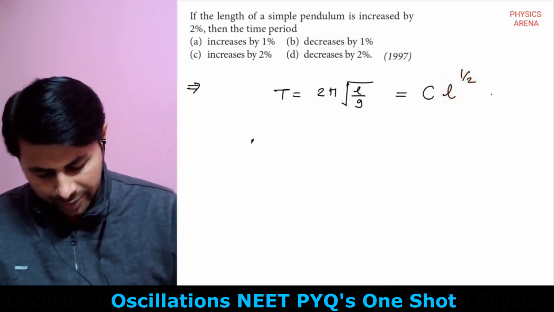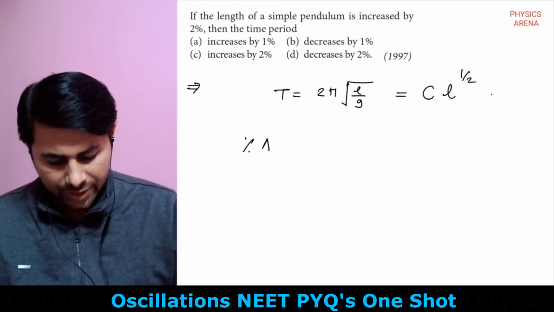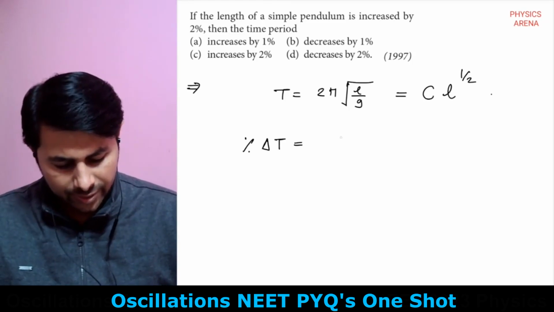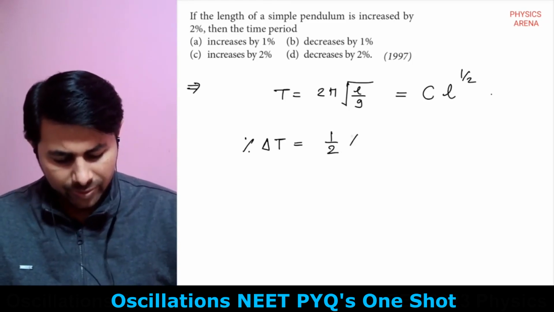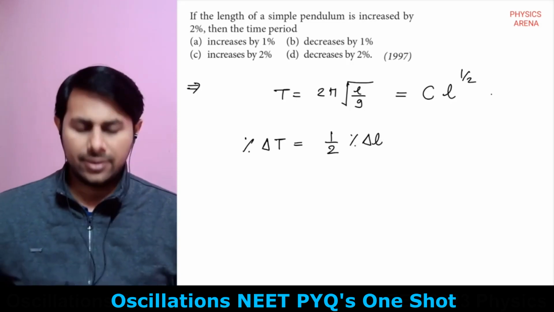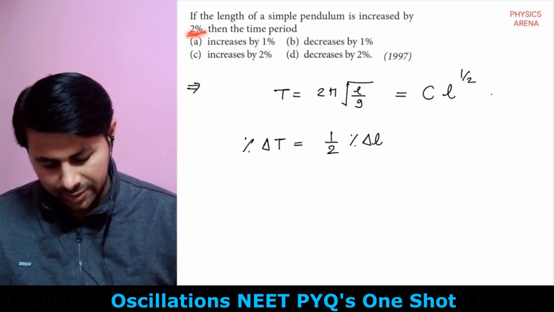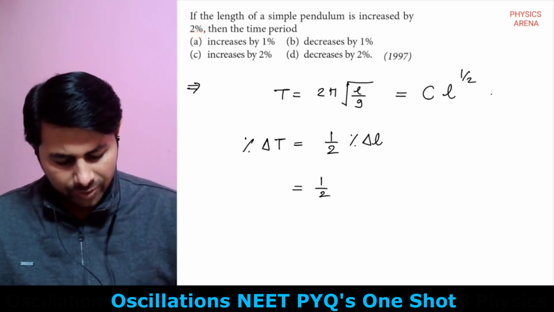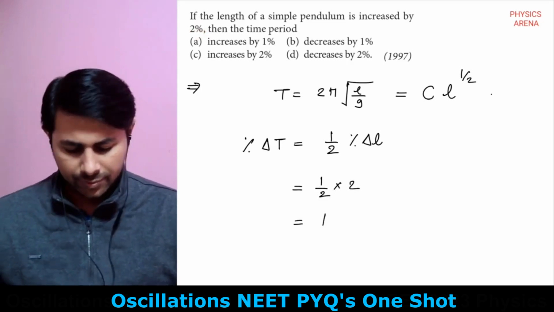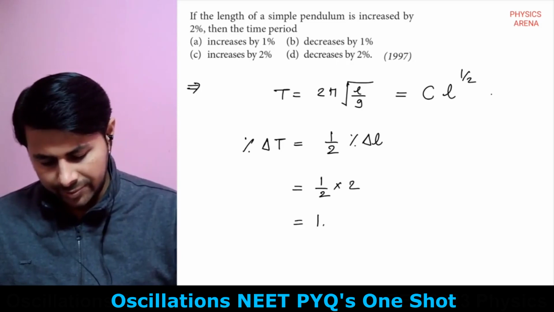So the percentage change in T is half of the percentage change in length. This is 2%, so it is half of 2, that's 1. It increases by 1%.